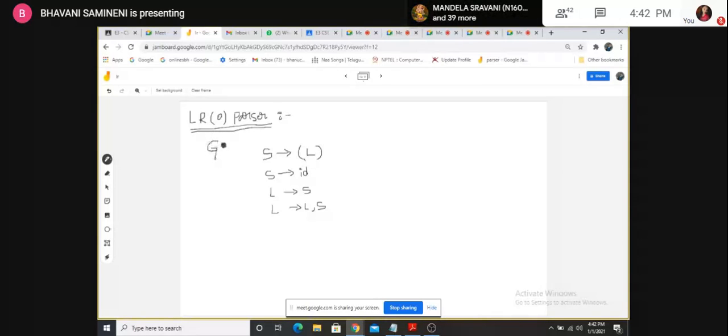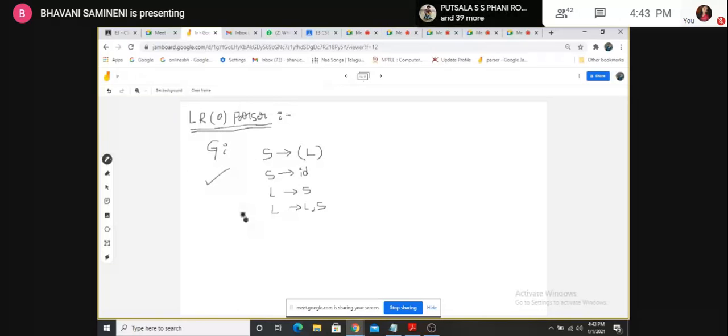Now we have to construct the LR0 parser table, and check whether the grammar is an LR0 grammar or not. If we are able to construct the LR0 parser table such that every cell has only one entry, then the parser allows us to construct the parse tree for the strings generated by the grammar. So when can we call this an LR0 grammar?